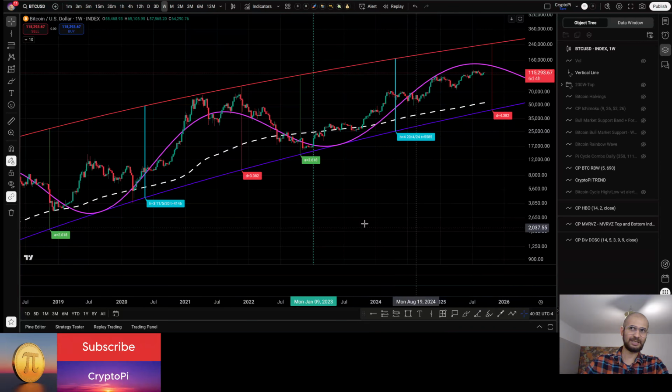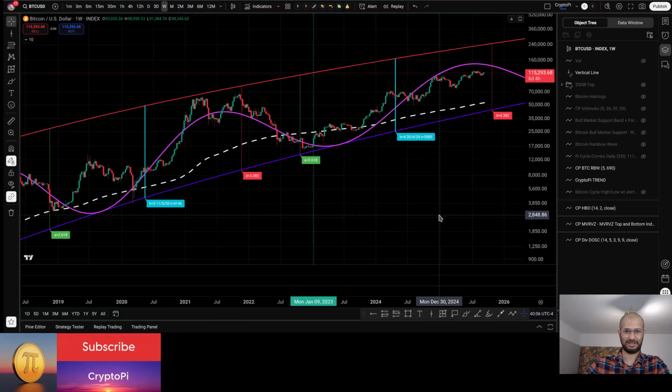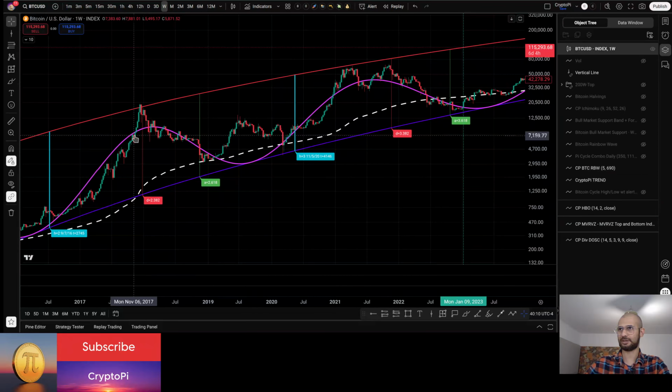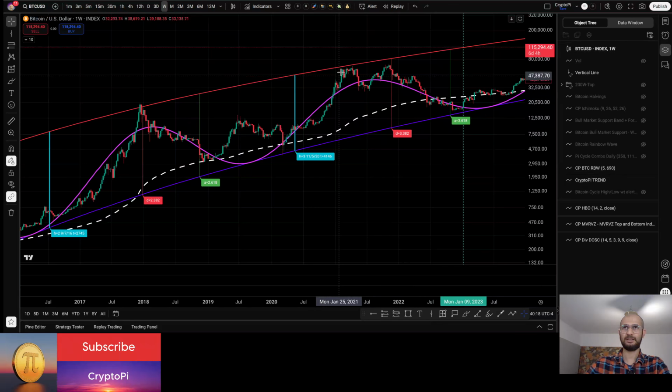So when did the cycle top really happen in the past? If I look at the previous charts, the cycle top begins when the price crosses above the wave and it hits one of the higher bands. Here as well, it went up. However, this was not the real cycle top. We saw a pullback, and also at this point we were quite a few weeks far away.